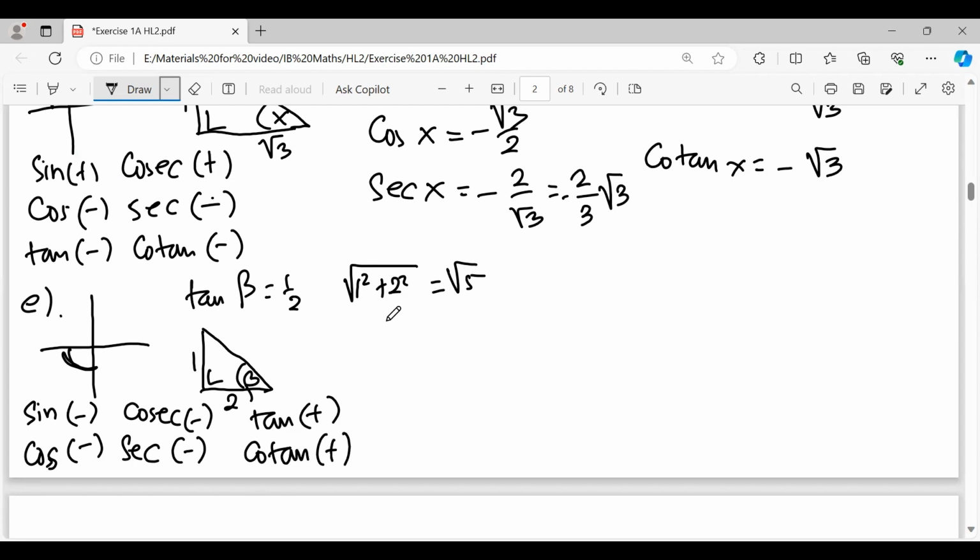Okay, so sine beta equals 1 over root 5. Okay, and sine is negative. Cosine beta, cosine is negative. Cosine 2 over root 5.